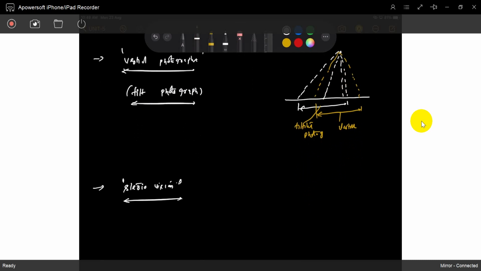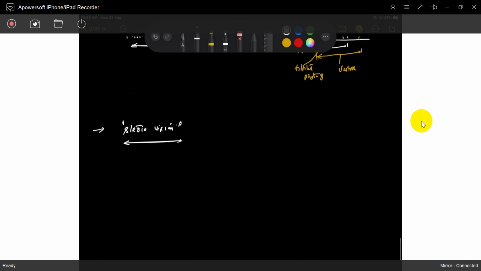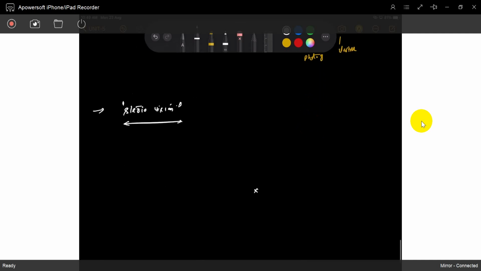What is stereo vision? I will just give an idea. Just observe: one point is here, another point is somewhere here, so there is depth perception, the distance between them. If you observe this point from here, imagine you see that line.